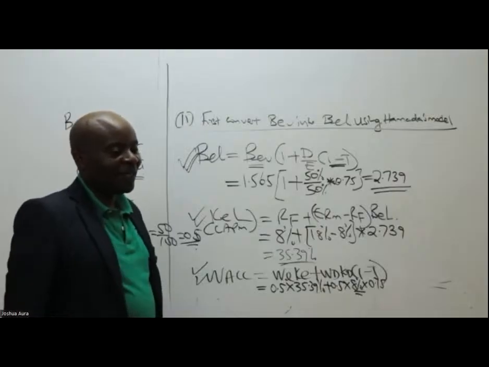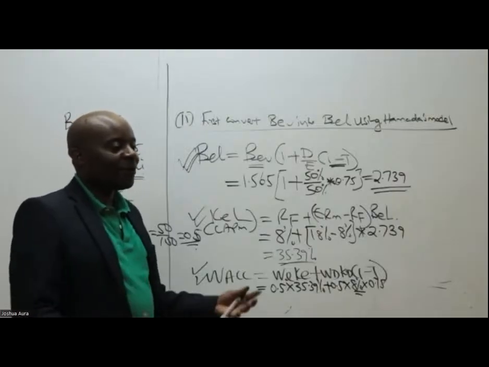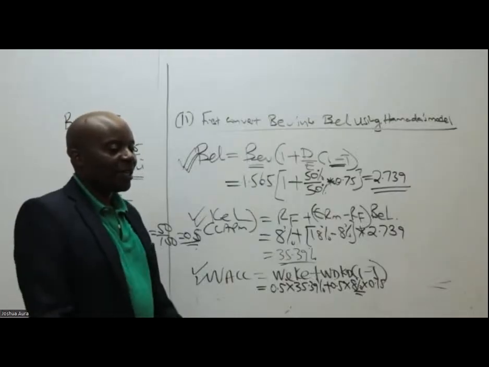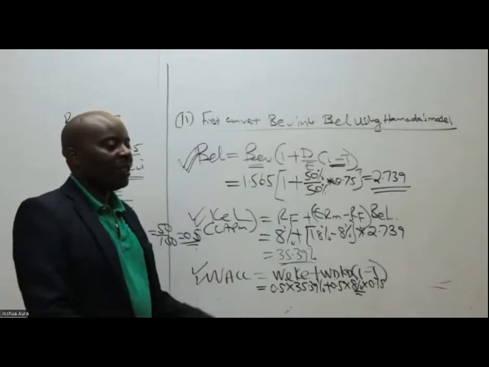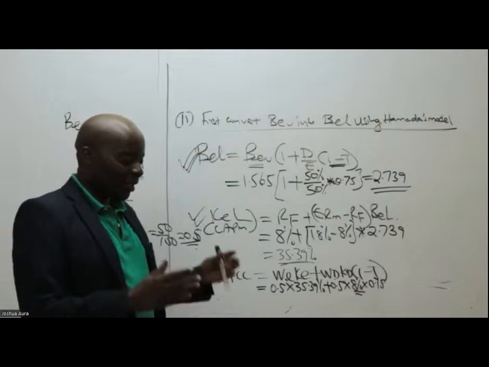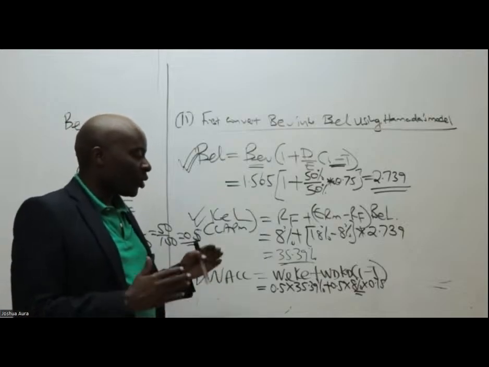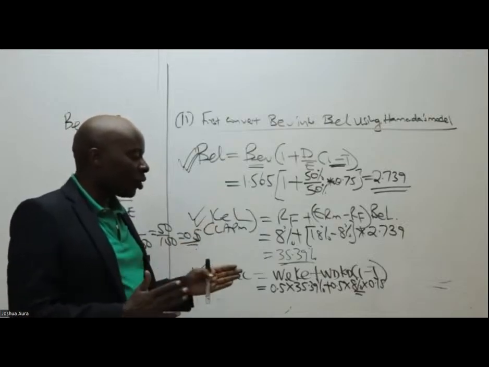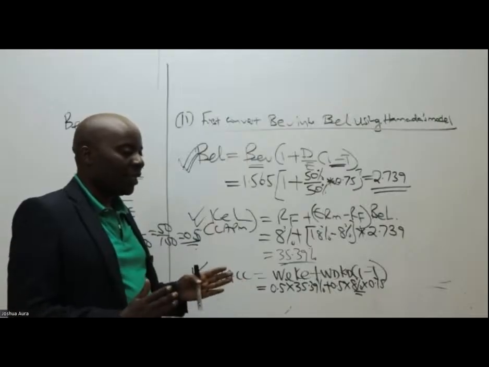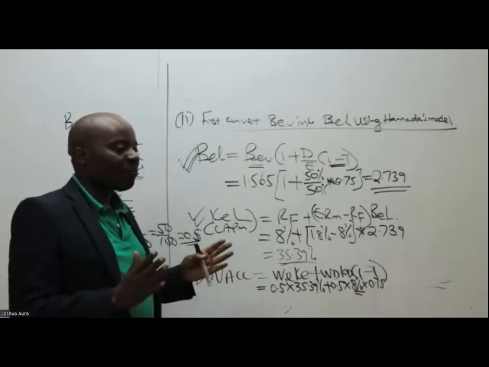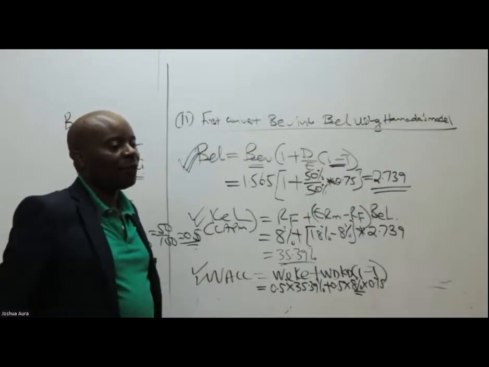The risk-free rate. Because debt, in most cases nowadays, is secured and has collateral. So in the event that the cost of debt has not been provided, always take it to be the same as the risk-free rate of return.